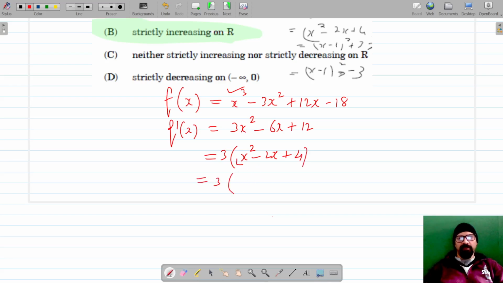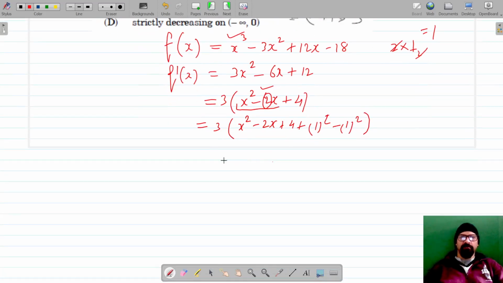Now let's try to get this into some sort of square. How do we do that? Let's multiply this coefficient with a half, which gives me 1. So I'm going to add and subtract the square of 1, which gives me 3 into, so this is x squared, a squared plus b squared minus 2ab, which gives me a minus b the whole square, and 4 minus 1 is 3.